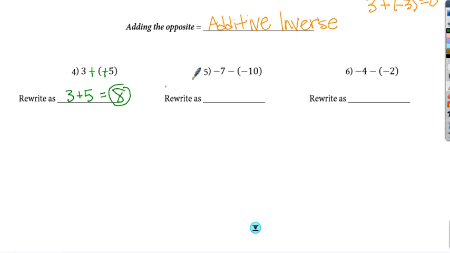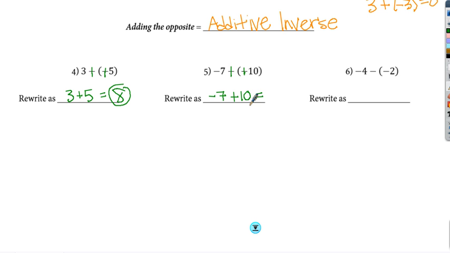Okay, one more. You have -7 minus -10. Keep, change, change. So keep the first integer, change subtraction to addition, and you change the last number to its opposite. It's -10, so now it becomes +10. So if you rewrite this, it becomes -7 plus 10.